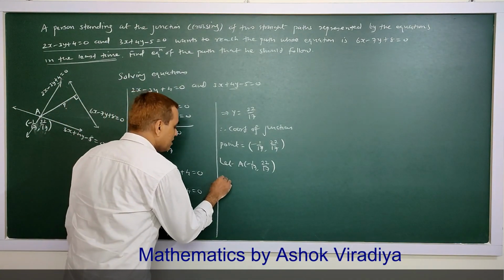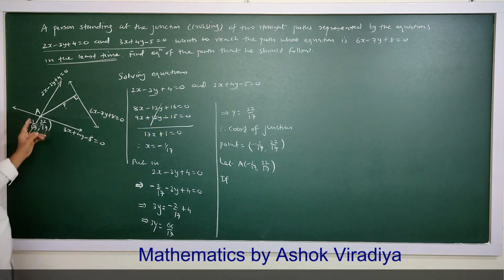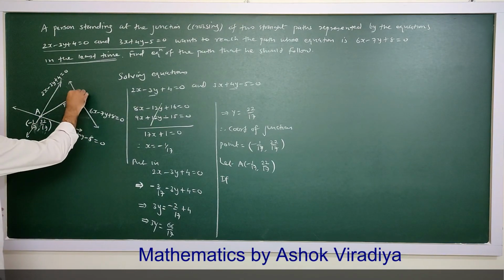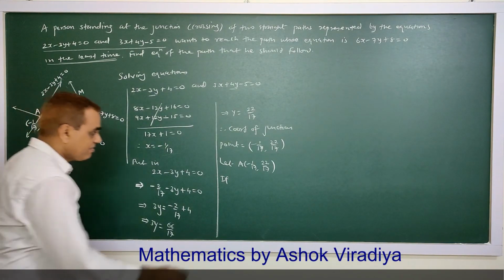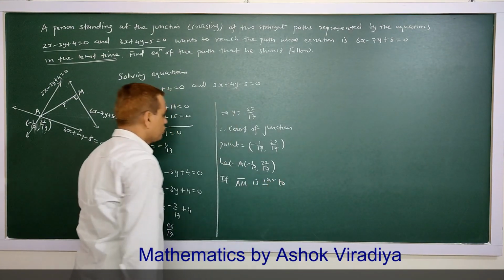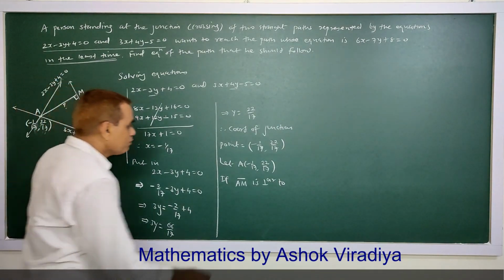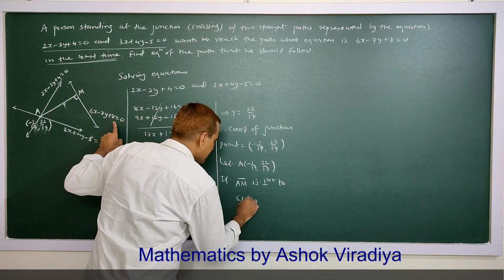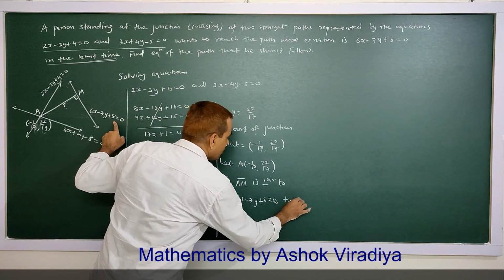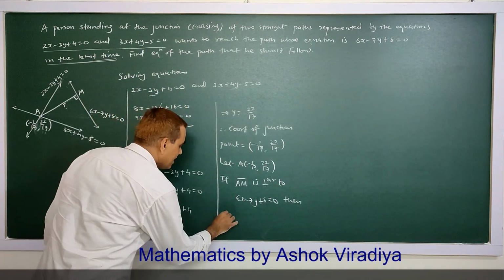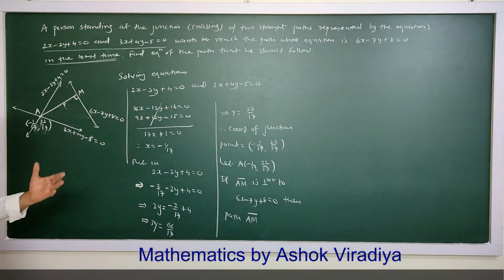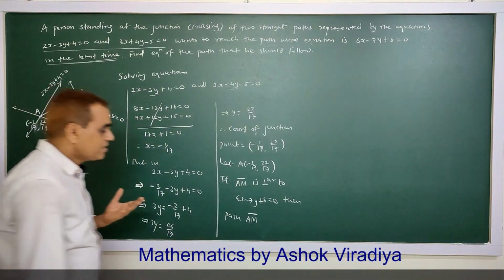Suppose that taking perpendicular from A to this line, if M is the foot of perpendicular, if AM is perpendicular to 6x minus 7y plus 8 equal to 0, then this path AM takes least time.